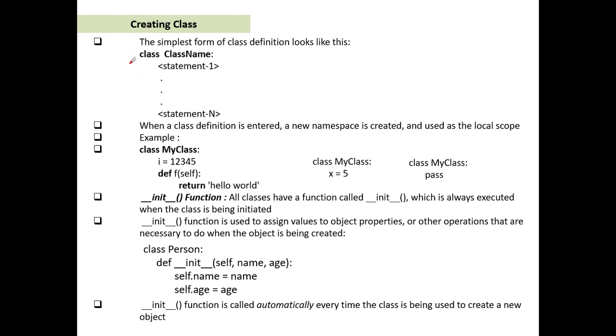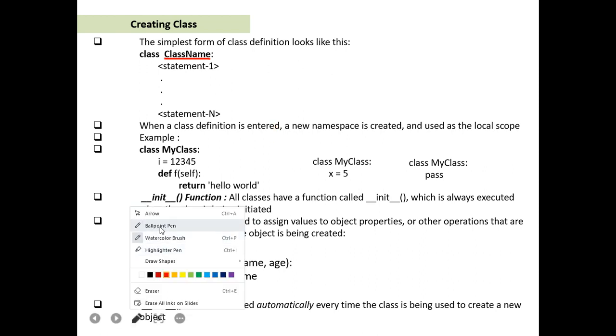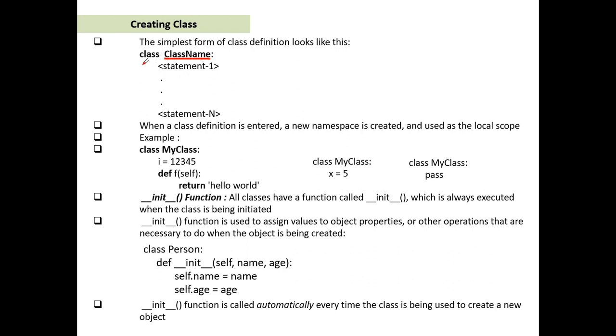Okay, so this is the syntax in Python, how to define a class. So class will be the keyword, and class name is just like any other name of a variable or anything else. So you have to give the class name, then the colon, you must not forget to give the colon.